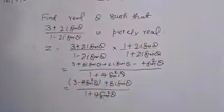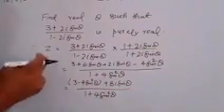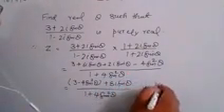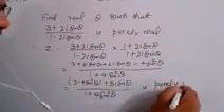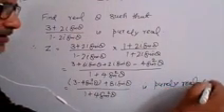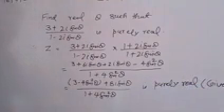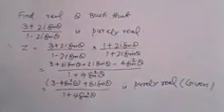Understand? And it is given that this complex number z is real, that is purely real. That's why you write here that it is real.